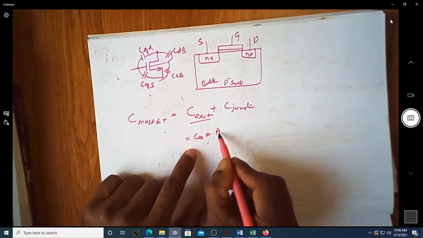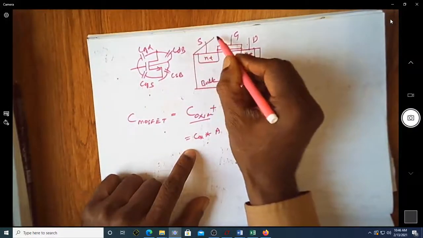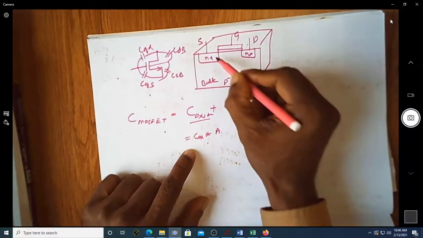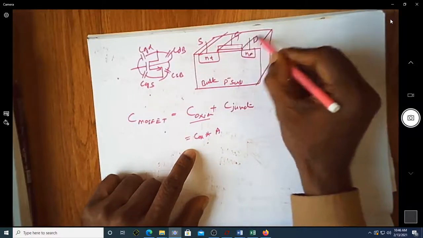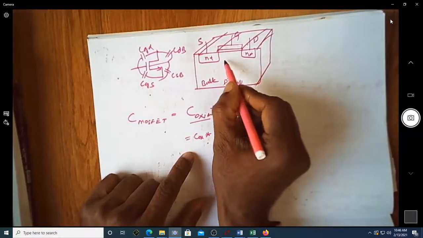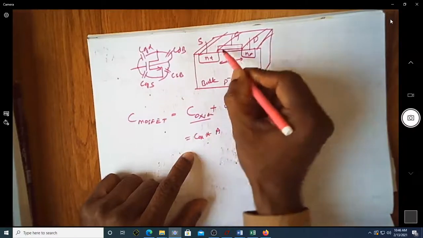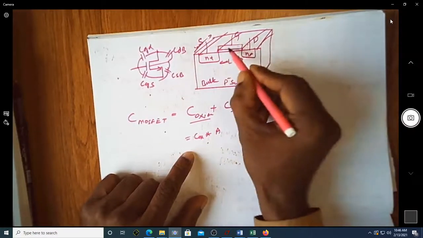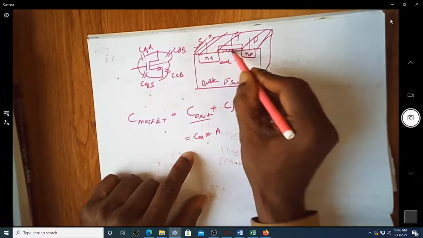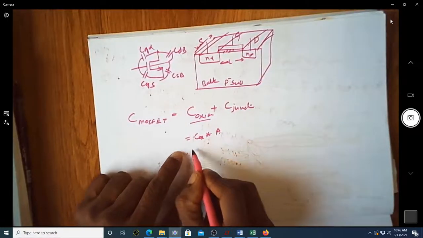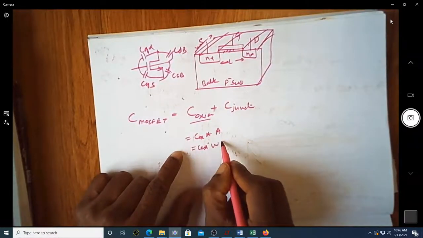If this is the cross section view, this is the length of the transistor and this is the width. You have this oxide layer across this structure, so it is given by Cox W into L.